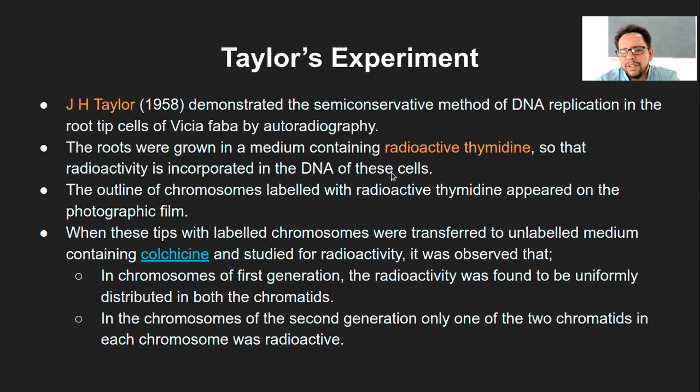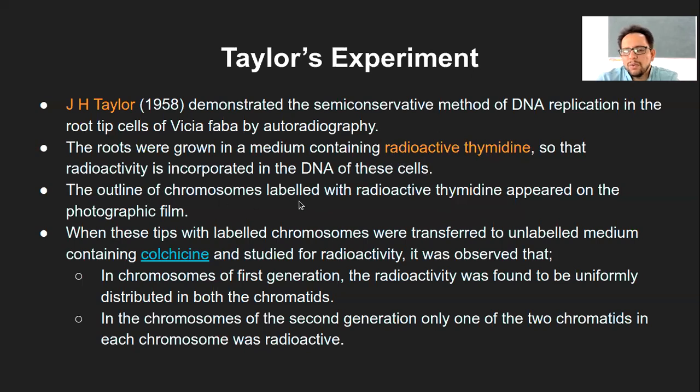So that means he took radioactive thymidine and incorporated it in the DNA of the cells. Again, incorporated means he allowed those particular cells to grow in the medium which contained radioactive thymidine. So that way the cells were grown. So obviously all the cells will have this radioactive thymidine. So that is the usual way of doing these things.